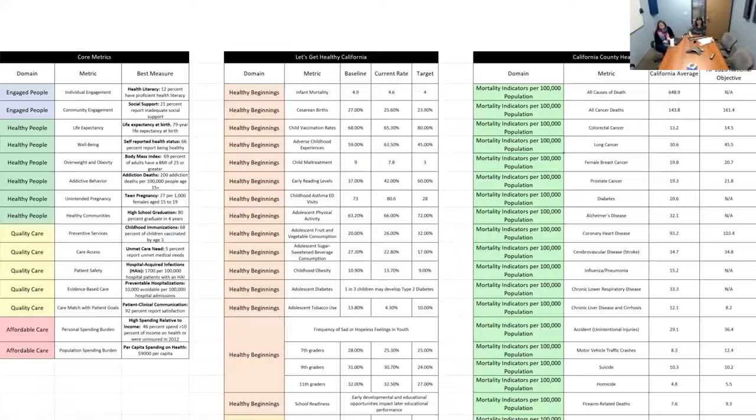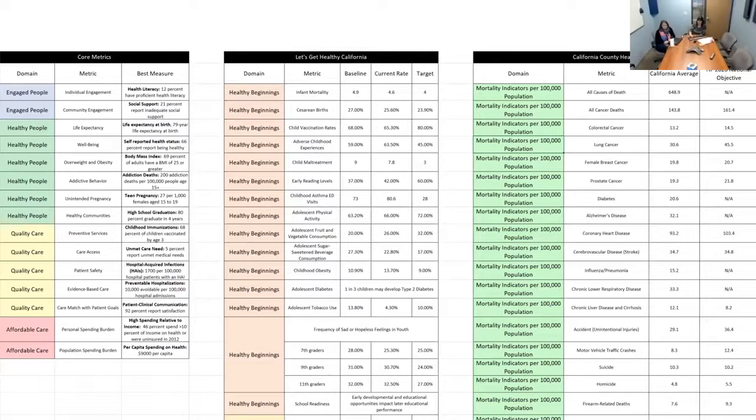And just to build upon what Sue was speaking about, this is the crosswalk document that we have. This talks about core metrics, the Let's Get Healthy California, and the California County Health Profiles. So just the general domain of all of these metrics for measuring health, and how they compare across these three resources.